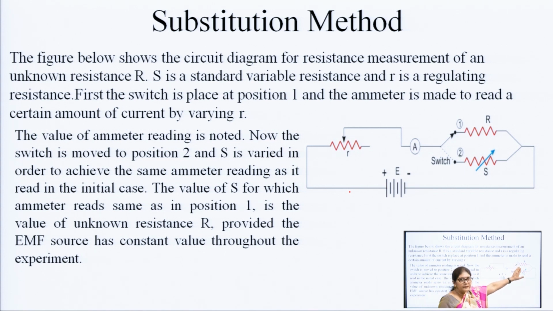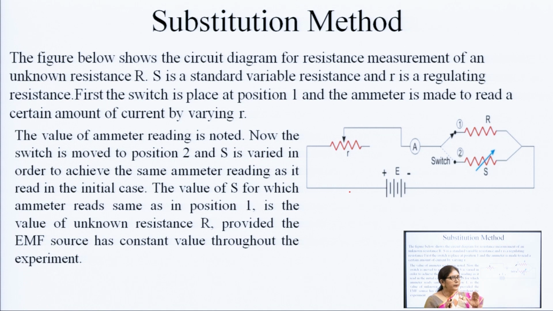First we put in our unknown resistance, whose value we want to measure, and note down the value of voltage and current. Then we put in our standard resistance and vary it till the value of current is the same as it was for the unknown resistance.